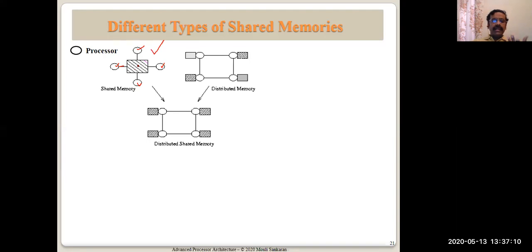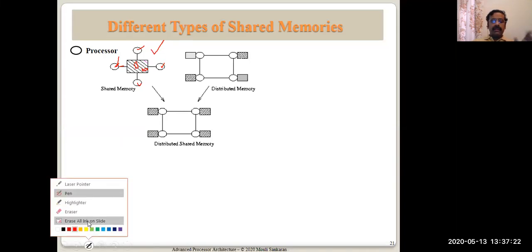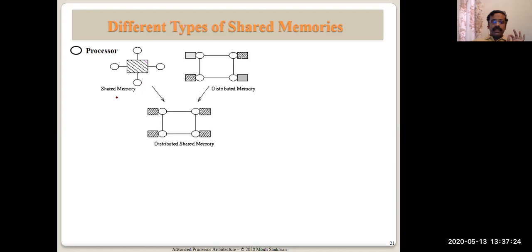They don't see any difference. Suppose this processor is accessing one location here and another processor is accessing some other location, they will take the same time. The number of cycles taken for read or write will be the same. This is called a shared memory, and also a tightly coupled system.